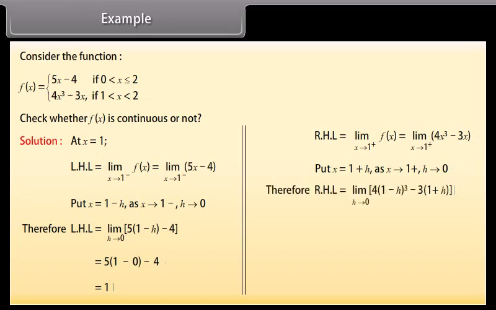Therefore, right-hand limit is equal to limit h approaches 0 of 4(1 plus h)³ minus 3(1 plus h) = 4(1 plus 0)³ minus 3(1 plus 0) = 1. f(1) = 5 into 1 minus 4 = 1.